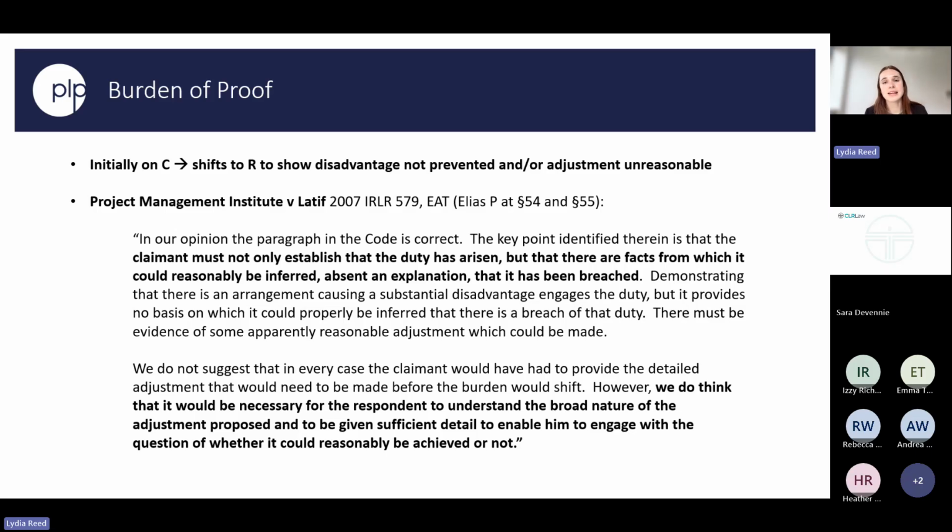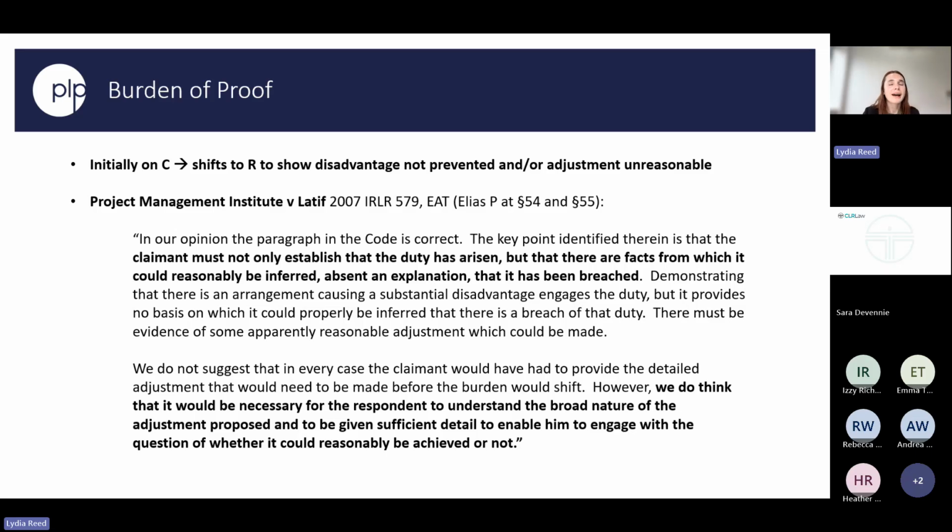Initially, the burden is on the claimant, and it's on them to identify the PCP, the substantial disadvantage, and crucially, the adjustment. Then the burden shifts and is on the respondent to show whether the reasonable adjustment that's been identified is potentially reasonable or not.